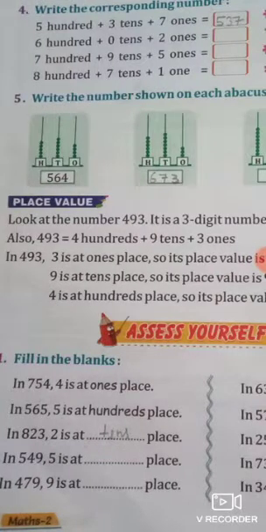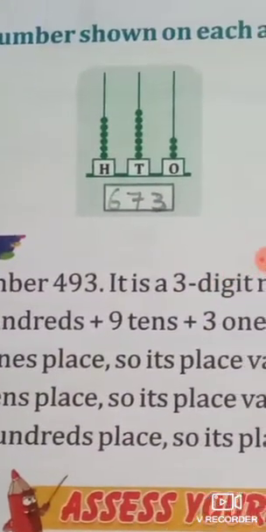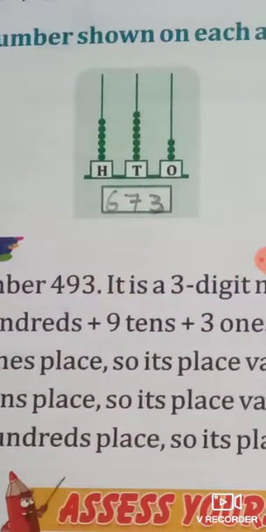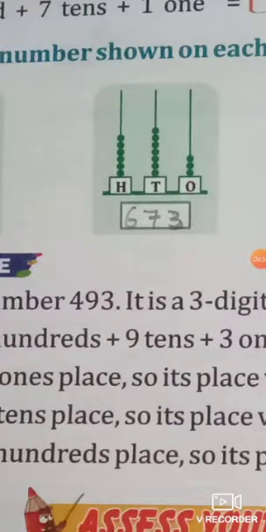Second question is, the 1's rod has 3 beads, so we will write 3 at 1's place, and the 10's rod has 7 beads, so we will write 7 at 10's place, and the 100's rod has 6 beads, so we will write 6 at hundreds place.